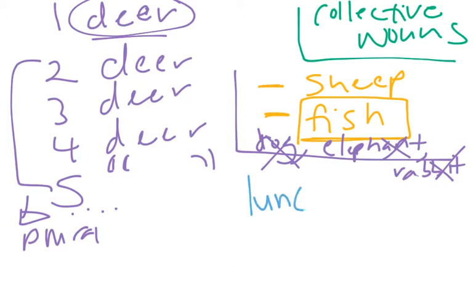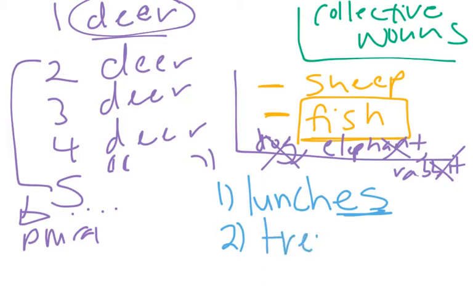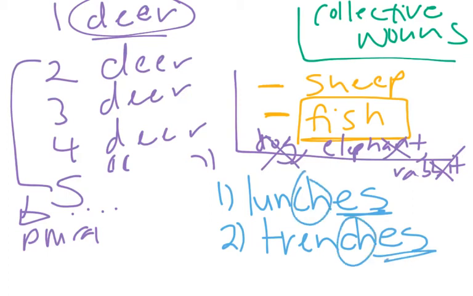For example, lunch. Lunch does end with es in the plural form, lunches. We also have another word, trench, but the plural form of trench would be trenches with an es, and again you see the ch ending here.